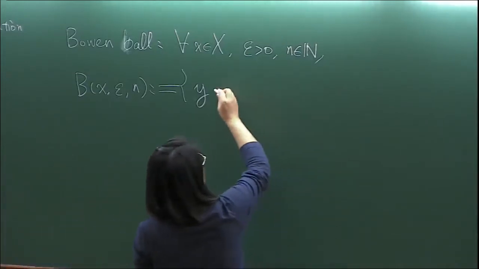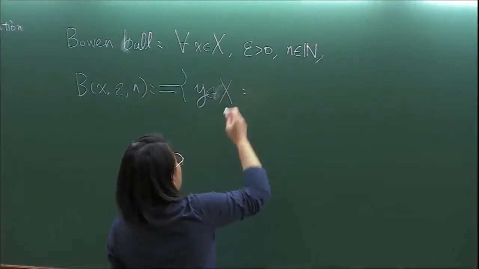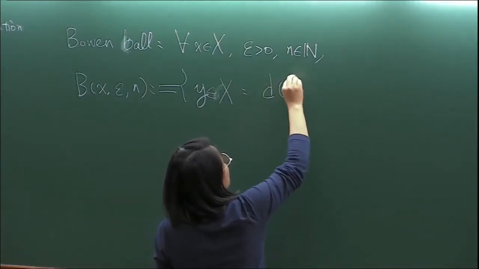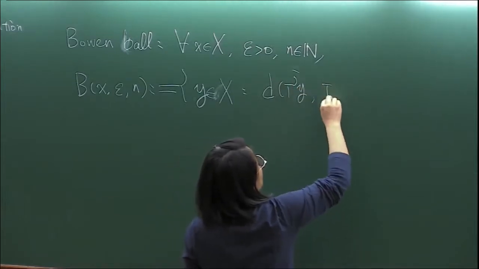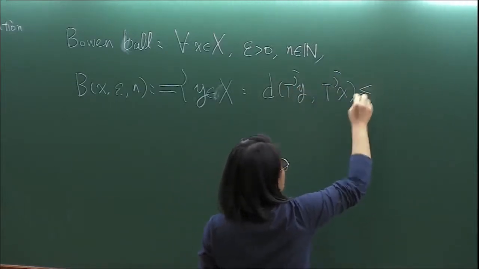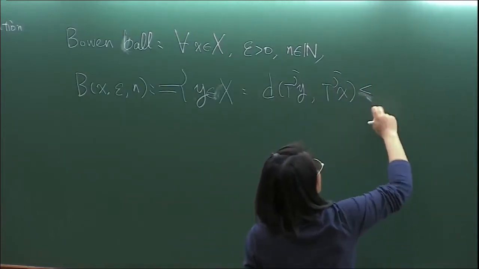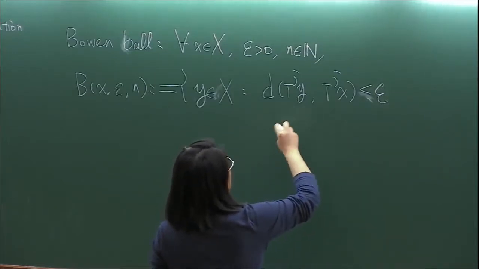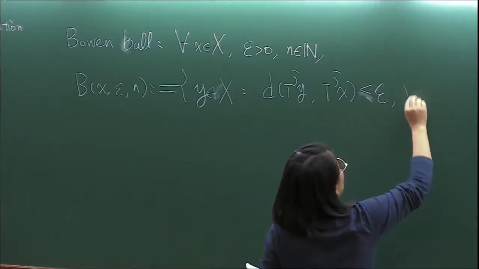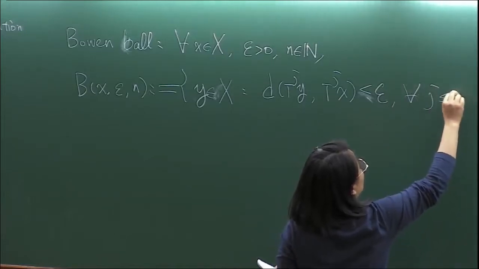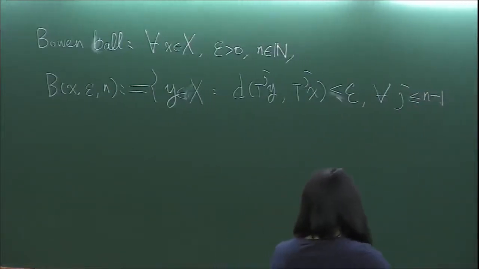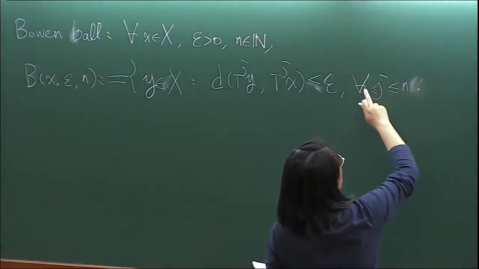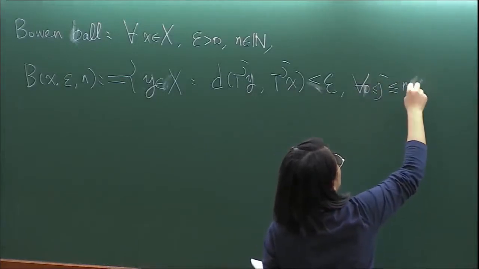So y belongs to this set if the distance between T^j y and T^j x is always less than or equal to epsilon, for j up to n minus 1. Or n, it's the same.